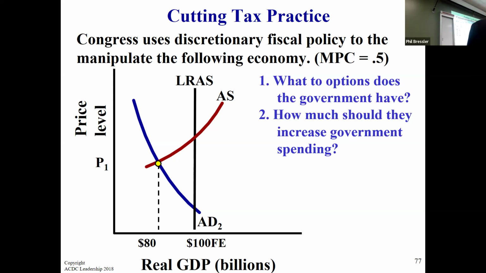John. The spending multiplier is 2, right? The tax multiplier is 1 minus the spending. So 1 minus 2.